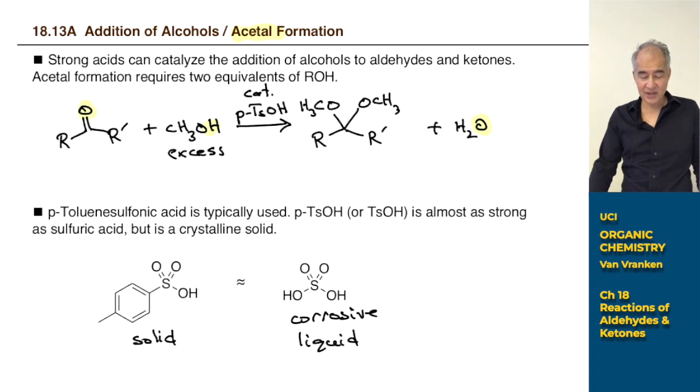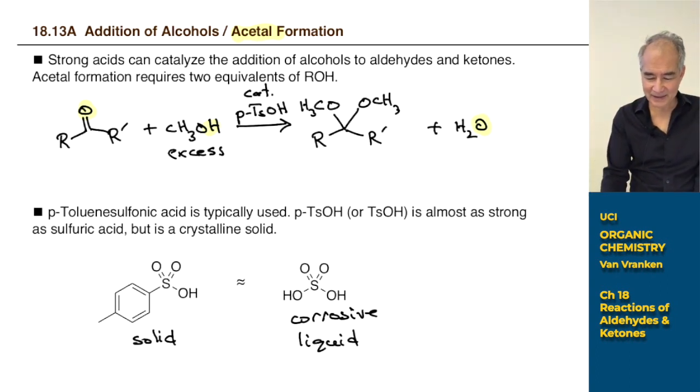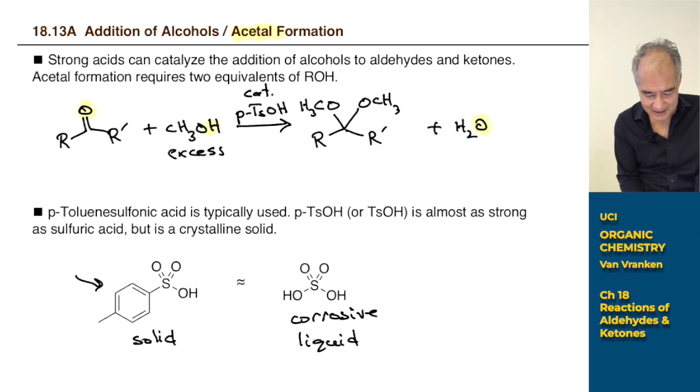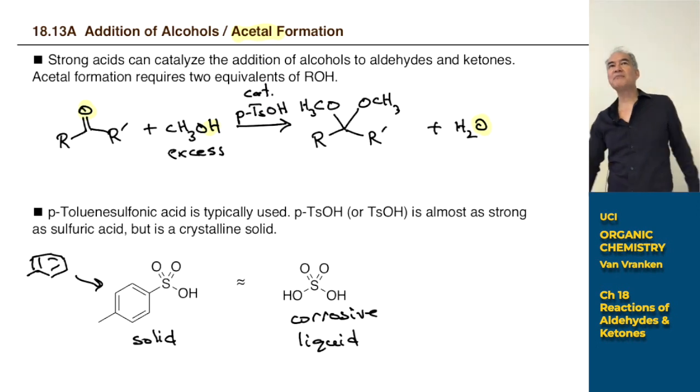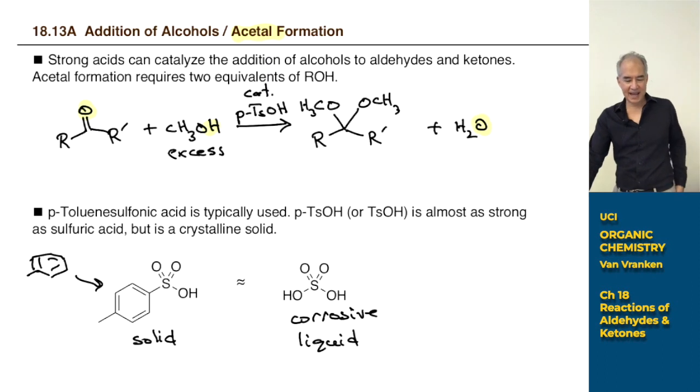The other reason we like this, it is inexpensive to make. We taught you how to make this. You probably worked problems where you synthesize this. And on an industrial scale, all you have to do is take the industrial solvent toluene and use your secret recipe, SO3, H2SO4. They do this on an industrial scale. They make zillions of tons of toluene sulfonic acid.